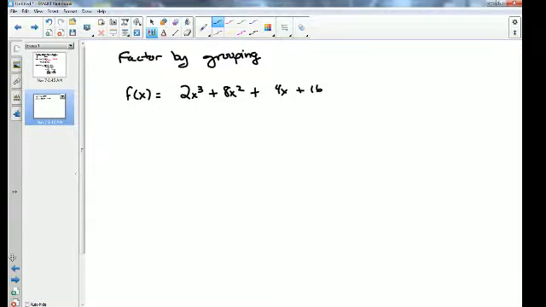The organization of this is where a lot of people trip up. So you have to make sure that you stay organized.